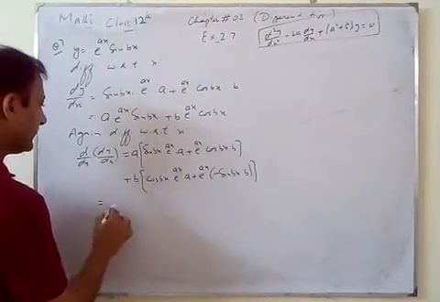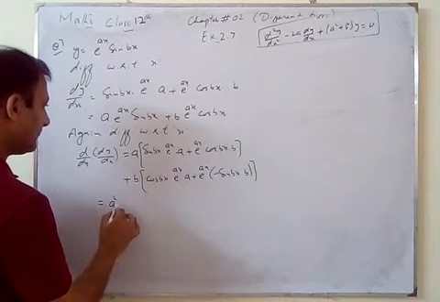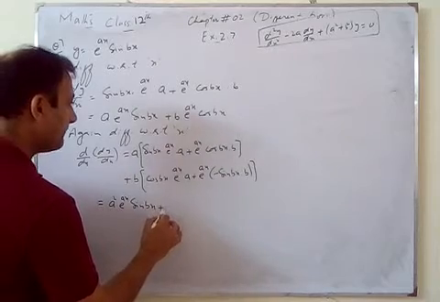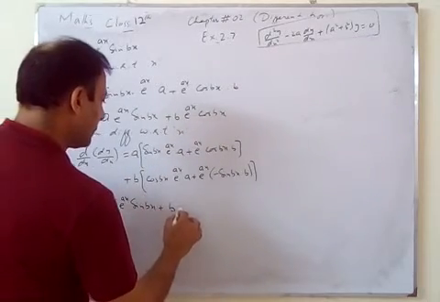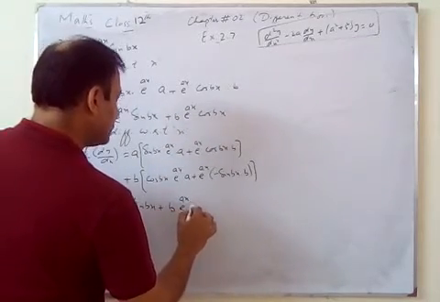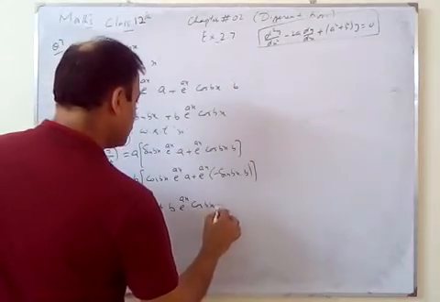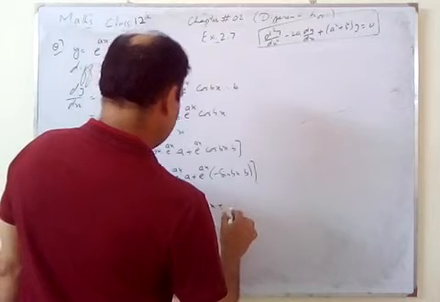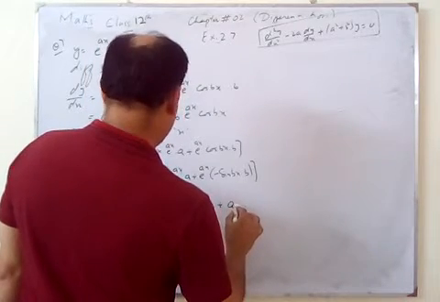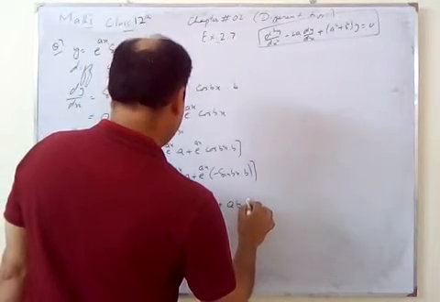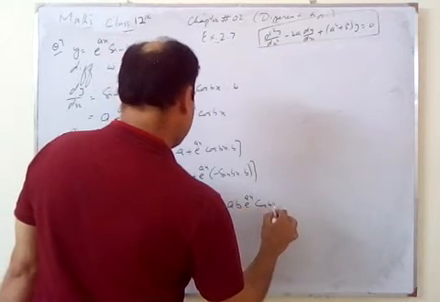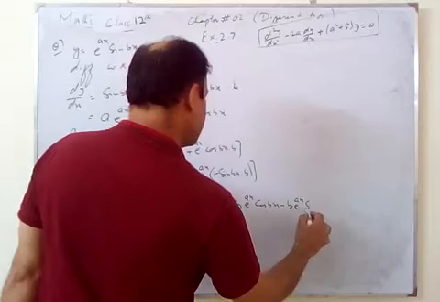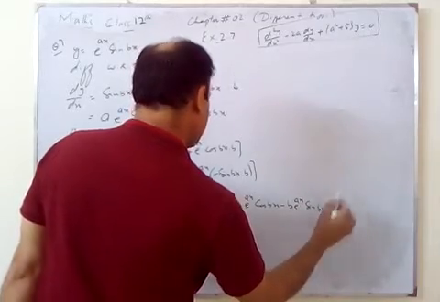Opening, we get a square e power ax sin bx plus a b e power ax cos bx plus a b e power ax cos bx minus b square e power ax sin bx.